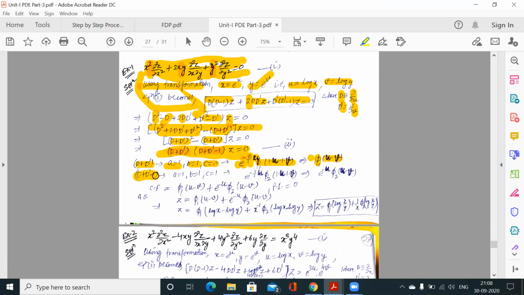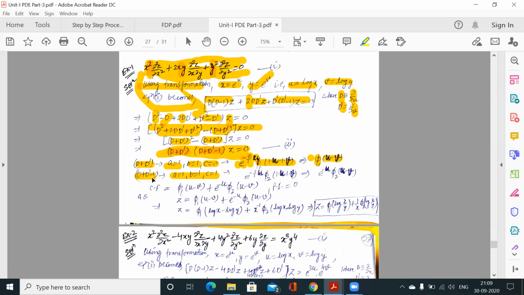Now D plus D dash minus 1. a is 1, b is 1, c is minus 1. This is not plus 1, this is minus 1. I have written the wrong answer, because we must compare each factor with aD plus bD dash plus c.